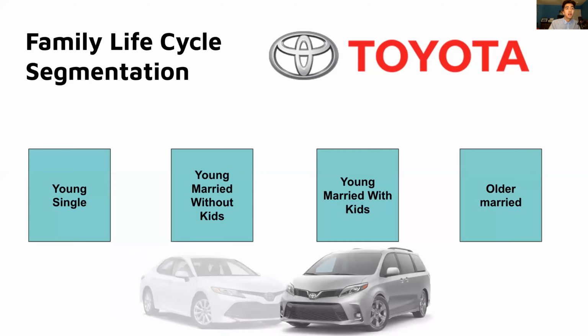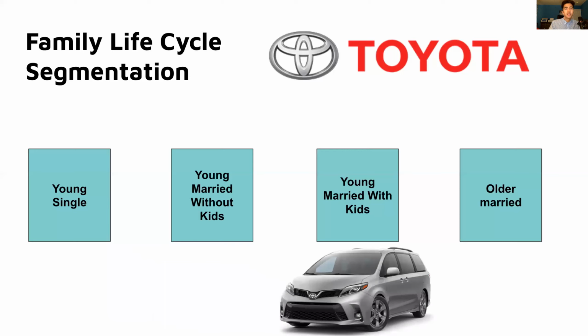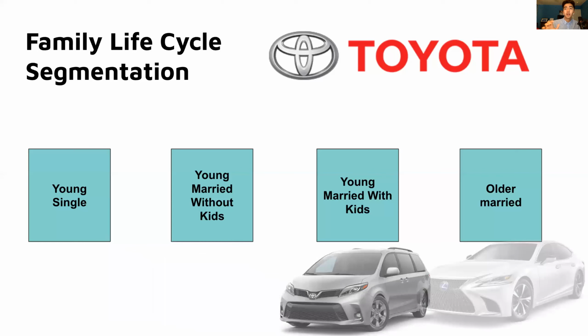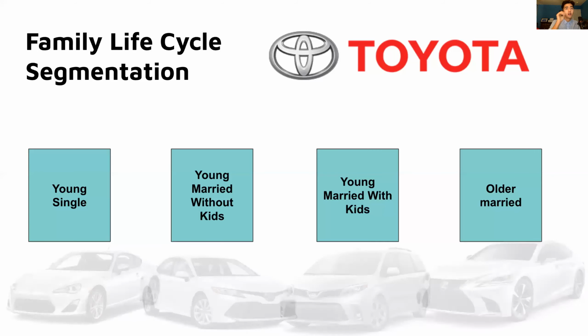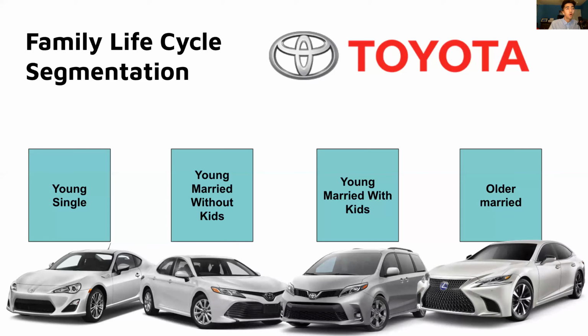So you get a Toyota, I believe this was the Toyota Sienna, which is a minivan. And then your kids graduate and they're in college and you're independent and you're older and you have enough money to get a Lexus, which is the luxury brand of Toyota. And the idea that I really want to get across here is that throughout the entire process, the goal is to keep the customer loyal to the brand throughout the family life cycle.